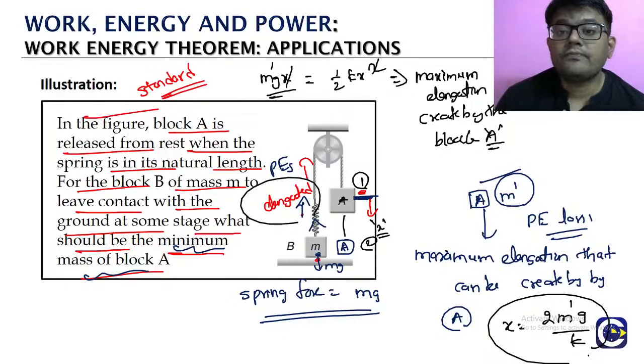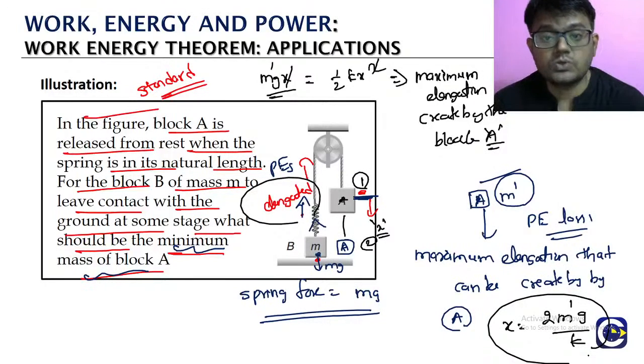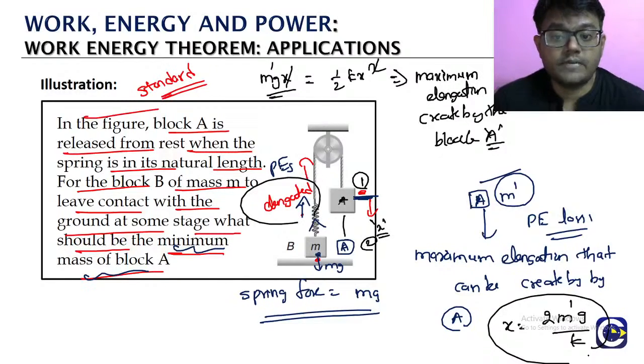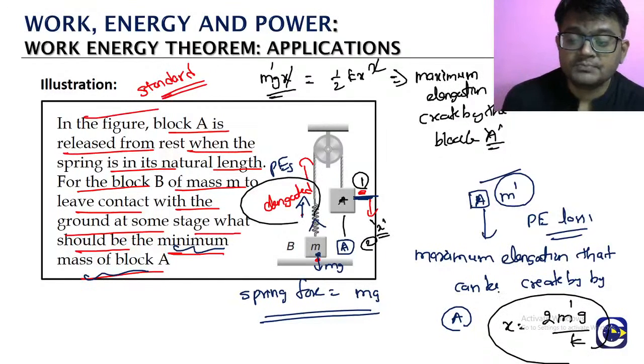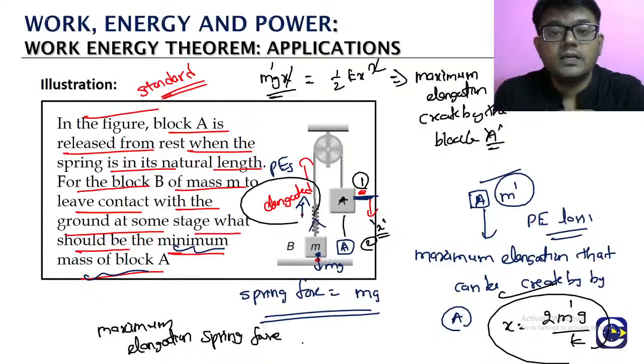Now if we are looking to find out the least value or the minimum value of A, so that the block B will leave the contact with the ground, whatever this maximum elongation spring force, because beyond this the block A will not be able to go any further down, which means the spring force will not increase beyond that.